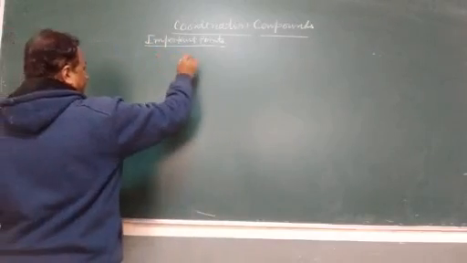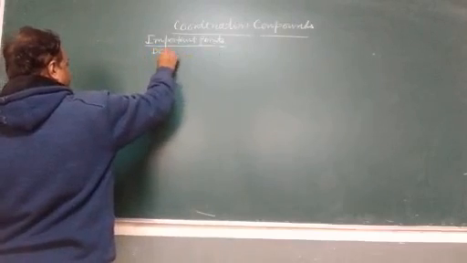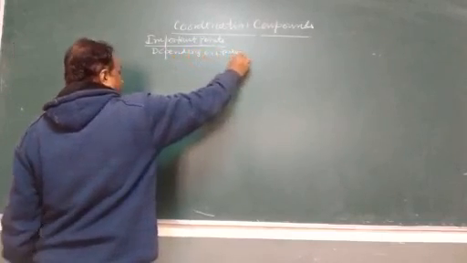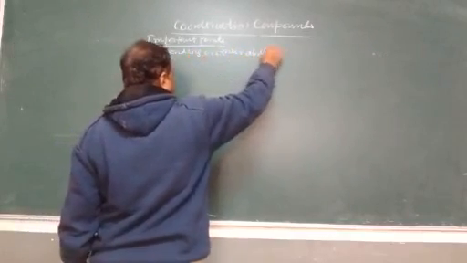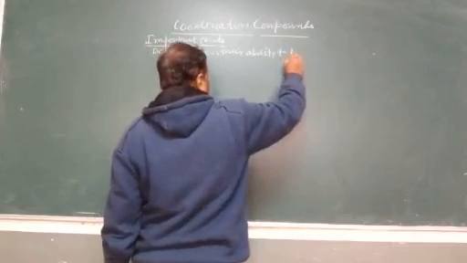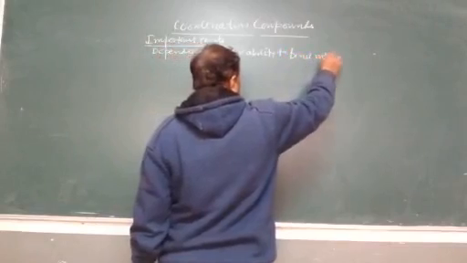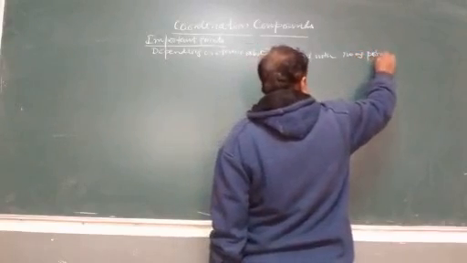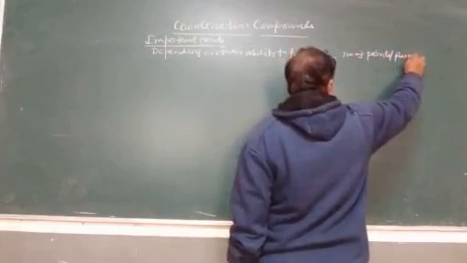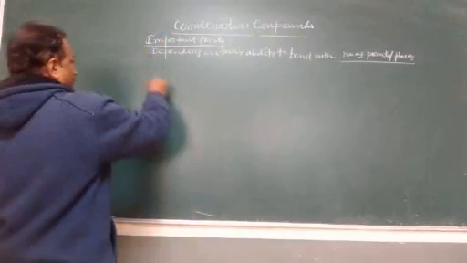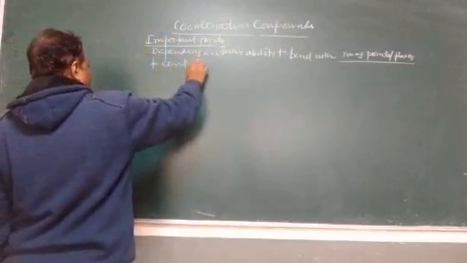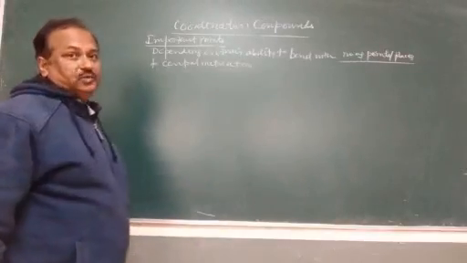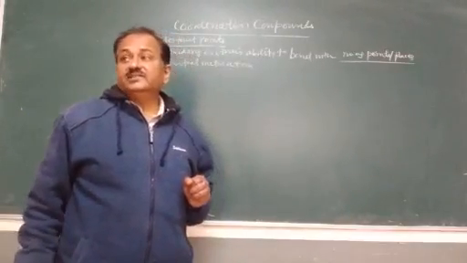Now the other classification is depending on their ability to bond with a number of points or places to the central metal atom. Number of points, because the ligands have bonding sites.